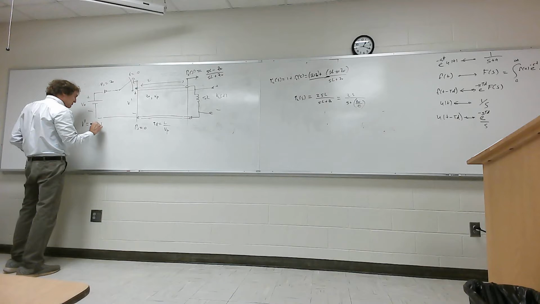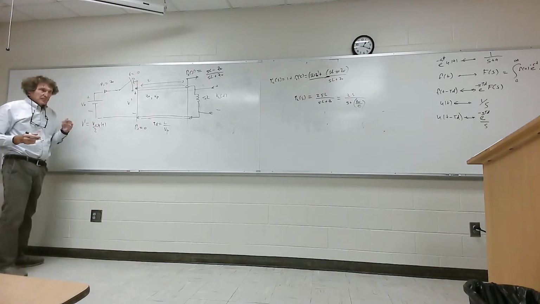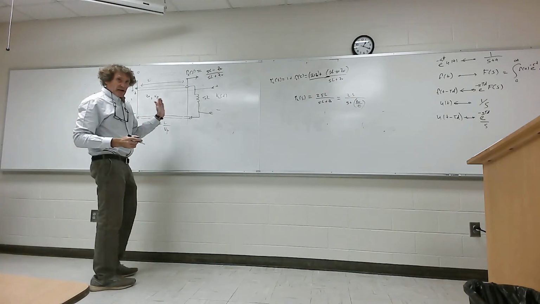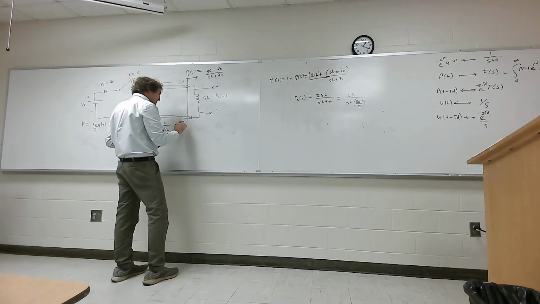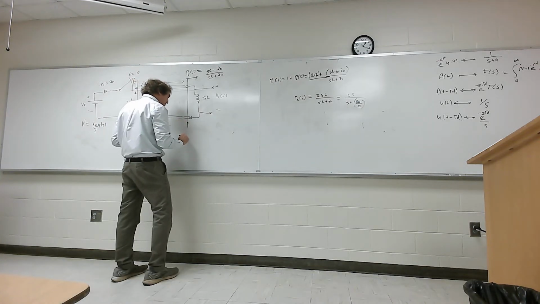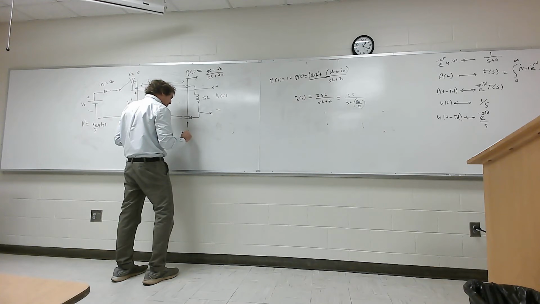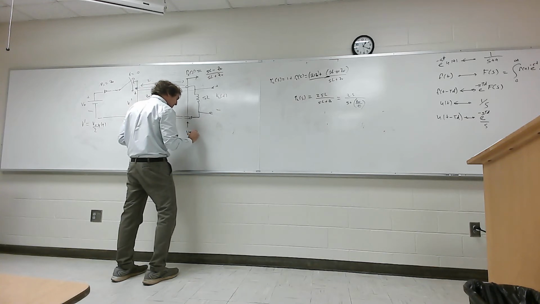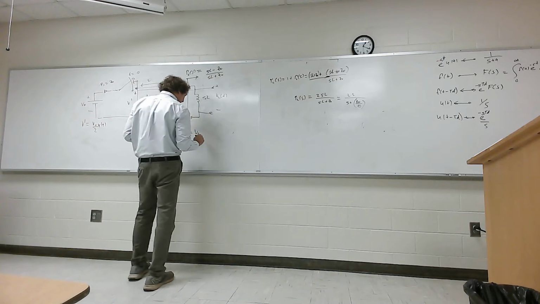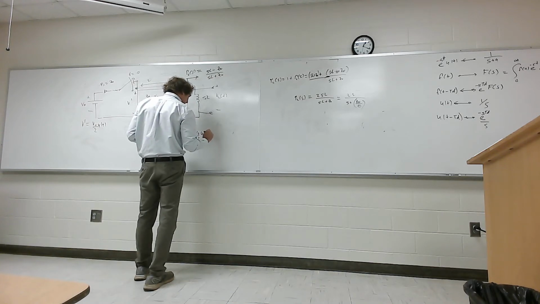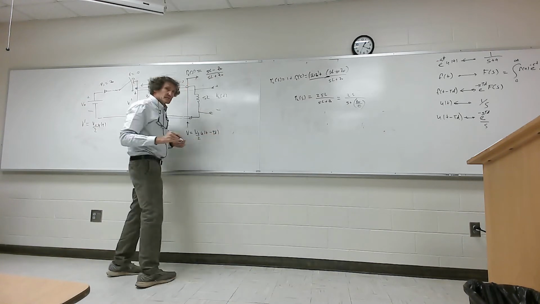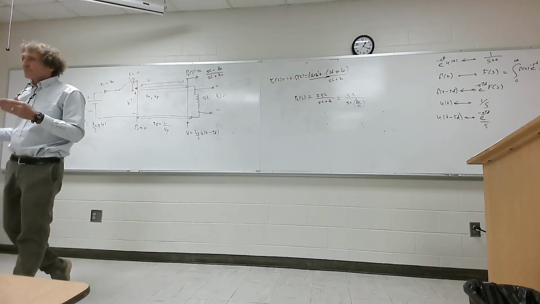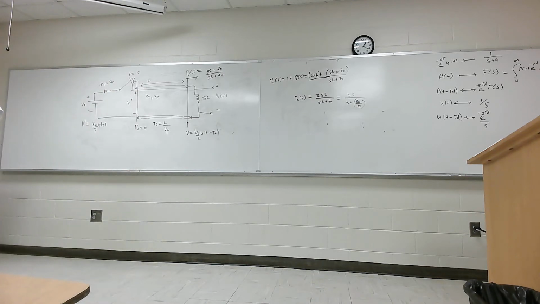This should be times U of T at the source. At this end, after it transmits down here, the voltage there, I'll just call it V, will be equal to V naught over 2, but then it's going to be U of T minus TD. Correct, class? That's just as before, right? Can everybody follow me on that?